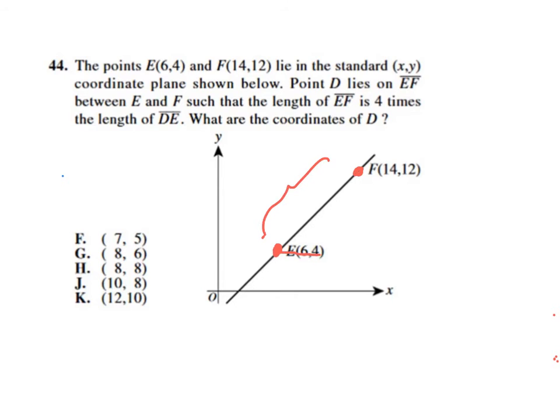Well, I'm going to put in a triangle here. I can see I go from x coordinate 6 to x coordinate 14, so that would be a length of 8. I go from y coordinate 4 to y coordinate 12, which would be a distance of 8.